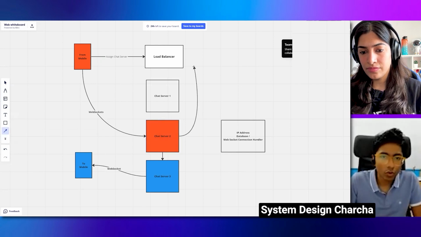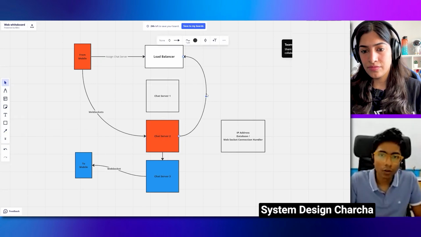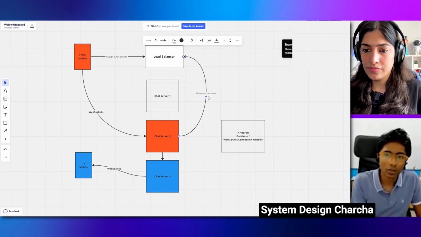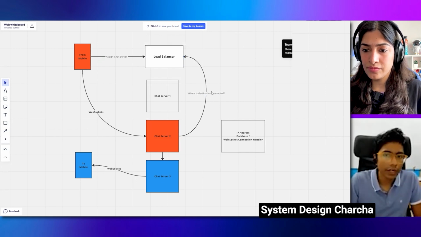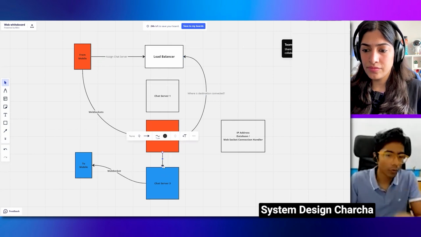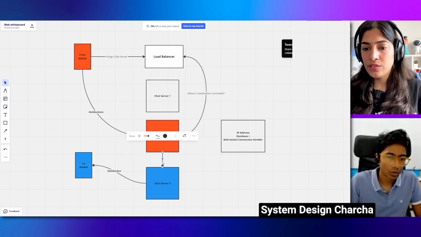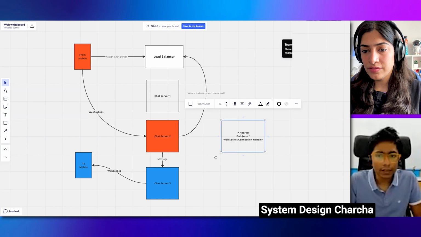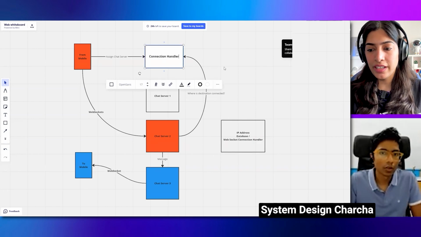The other one is to just go to the load balancer and check where the destination is connected. And whatever response it gets, it can use that to find where to send the message. If we can do that from the load balancer itself, then this connection handler is not needed, right? Yeah, I guess this connection handler, whatever we like to call it, is basically the load balancer also.